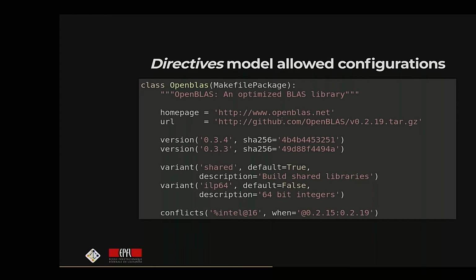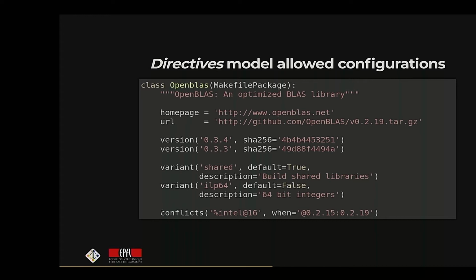So here, for instance, you have two versions, and you have two Boolean variants, and this already gives 8 different combinations in which you can install this package. And by keeping the various subspaces separated, we make it manageable to have a single recipe that describes all the ways in which the software can be configured.